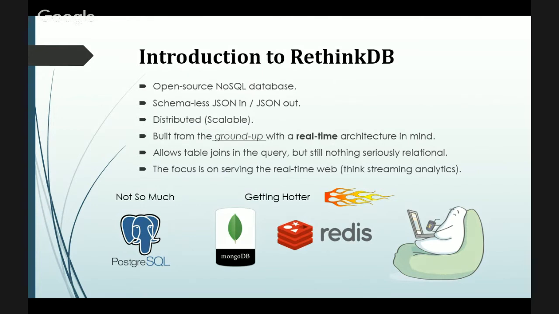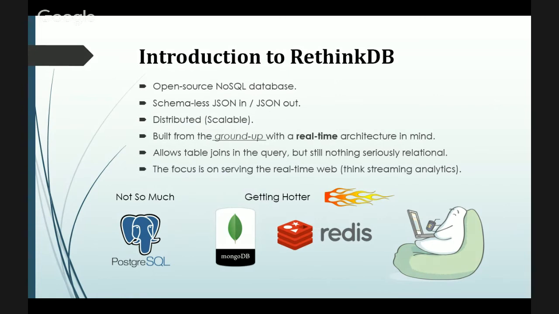There are certain things you can do with even SQL Server to get similar real-time events. You can use something like SQL Server Service Broker, but RethinkDB was actually built from the ground up to handle a real-time architecture. Also, unlike some NoSQL databases, it allows you to do table joins.